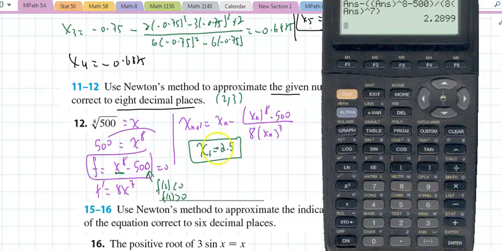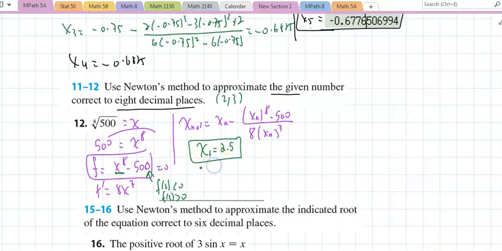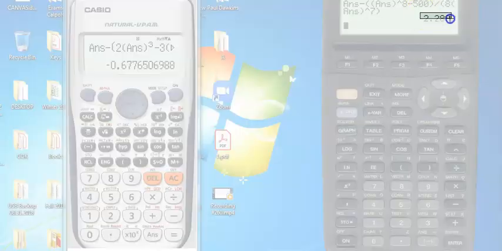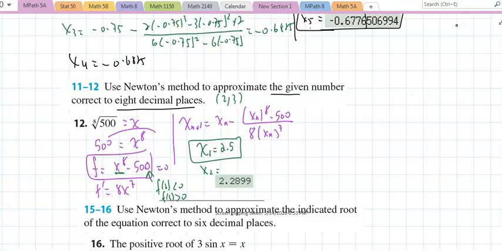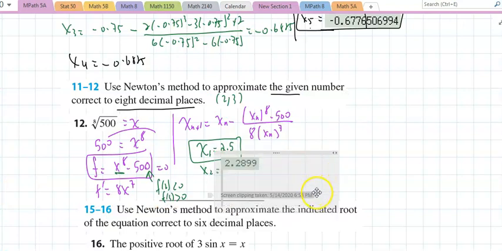It did my evaluation. That's 2.8. Let me copy that down. And it's right there.